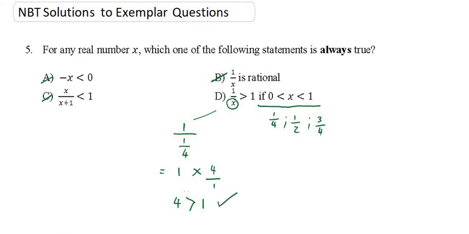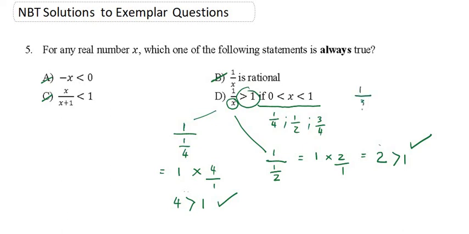Yes, it is. Okay, let me try this out for a half. 1 over a half is equal to 1 times 2 over 1, which is 2. Is 2 greater than 1? Yes, it is.